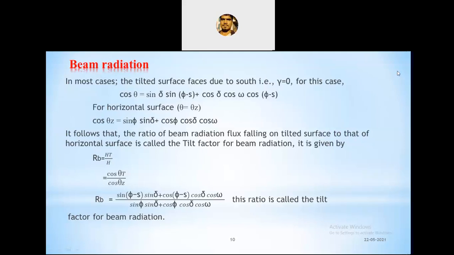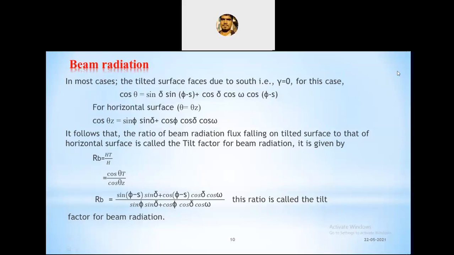If you want to find out the radiation flux falling on the tilted surface, we can use one equation, RB, the beam radiation, which is equal to HT by H. It is also written as cos theta t divided by cos theta z.